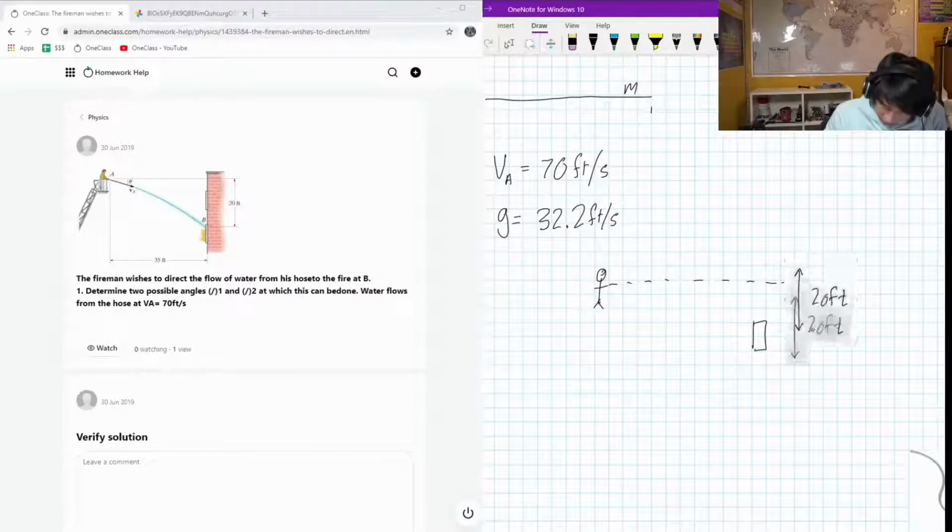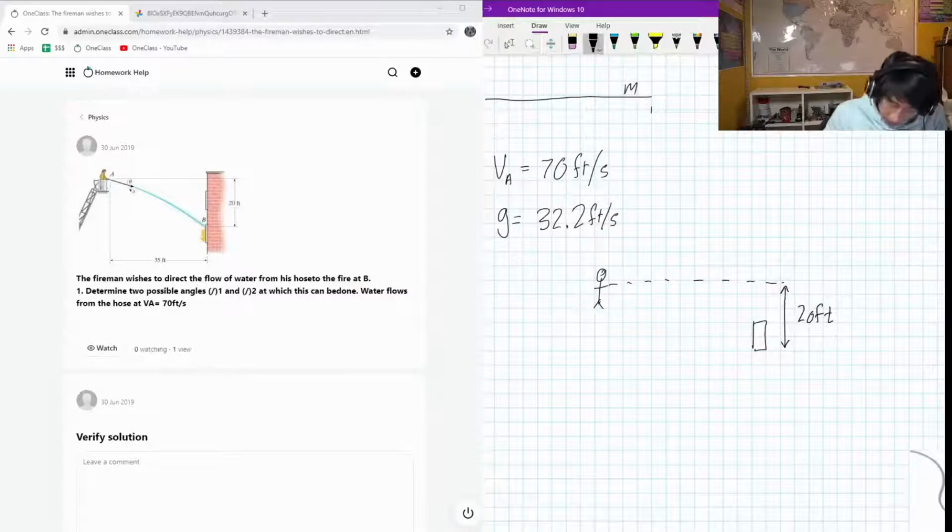Let's move that down to make it seem more accurate, and instead of a box, let's just have a point as a target. Their separation is a horizontal separation of 35 feet.